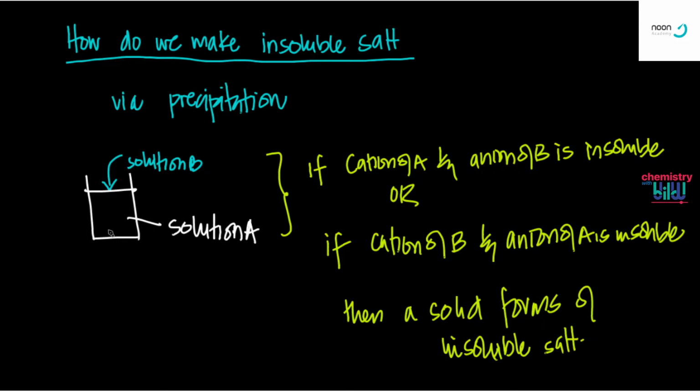Meaning, sometimes when you mix two solutions together, you end up making some solid in the beaker. And this is how you make an insoluble salt. Now for example, I told you that silver chloride is insoluble, right? Remember that bit?